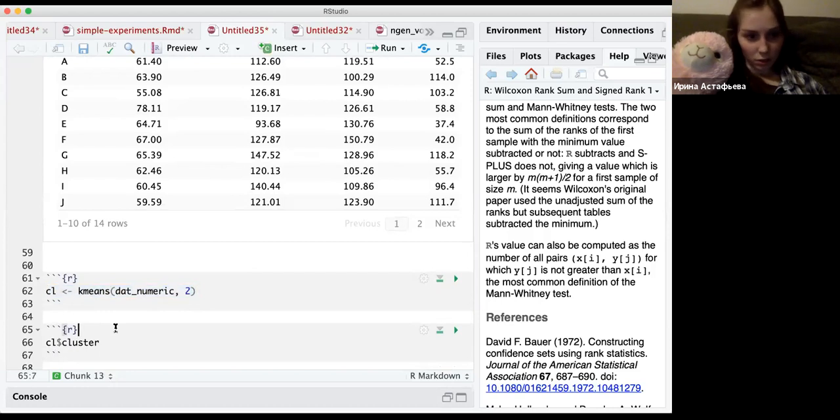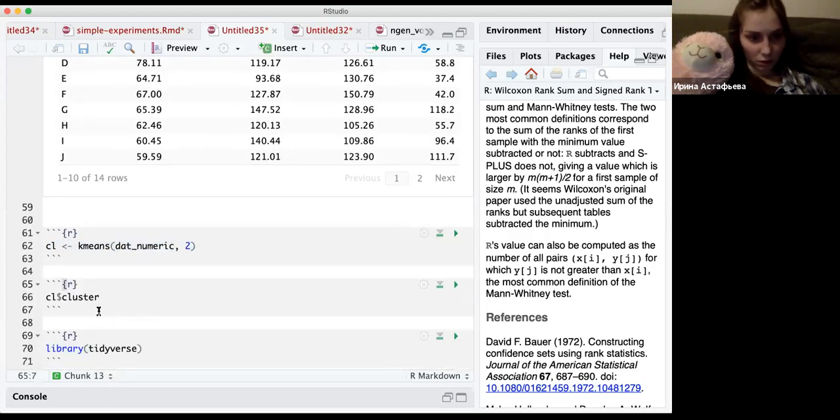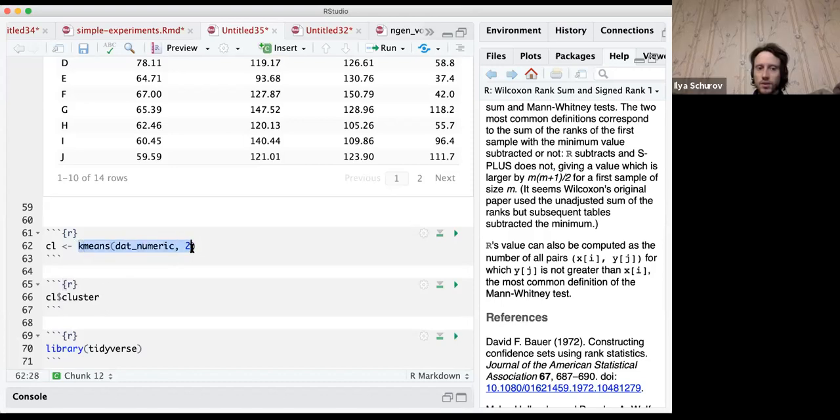Yeah, I did it. It should work because in this line we create variable CL and put the result of our k-means.